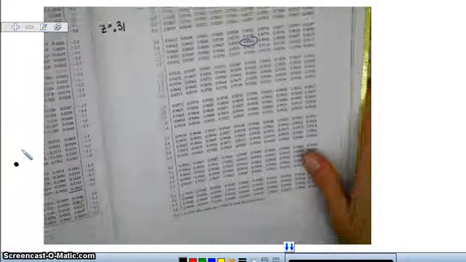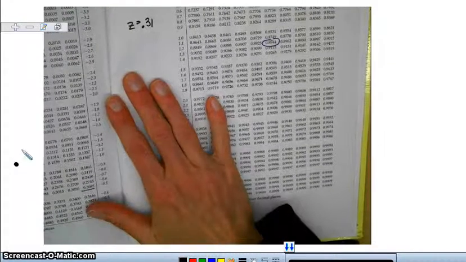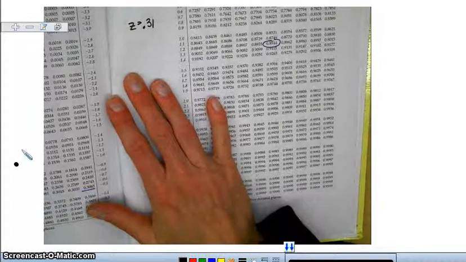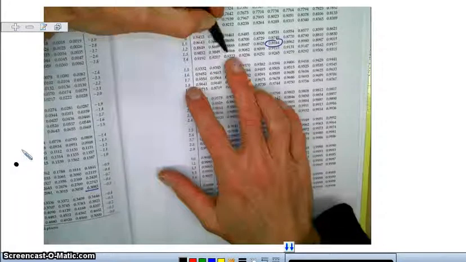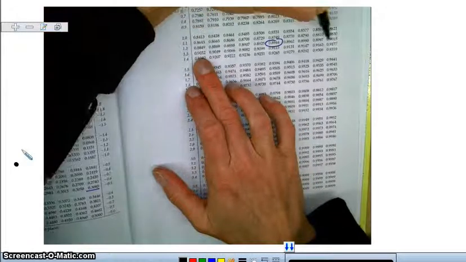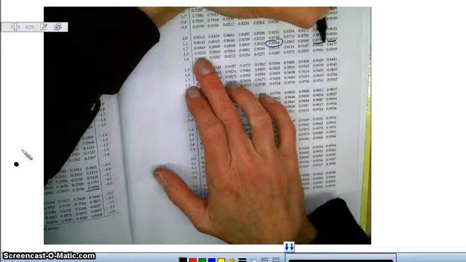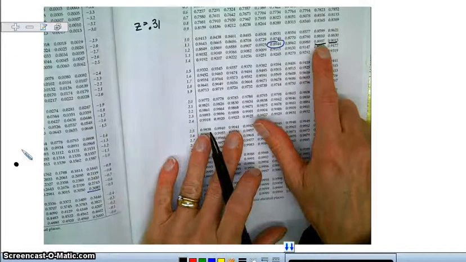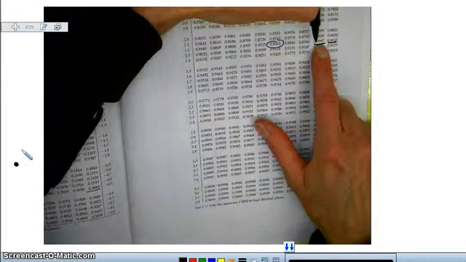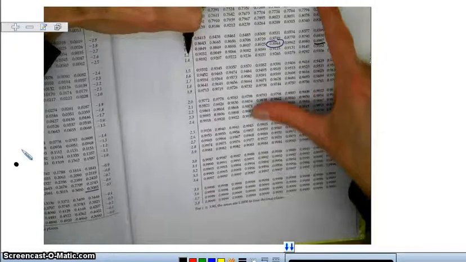My z-scores go to 4 decimal places. I need to find the one that's closest to 0.90. I just start looking along, and there's a lot of them around 0.90. There's 0.9015 and 0.8997, and I would say that's closer to 0.90. So the z-score that goes with that, if I go over, is 1.28.